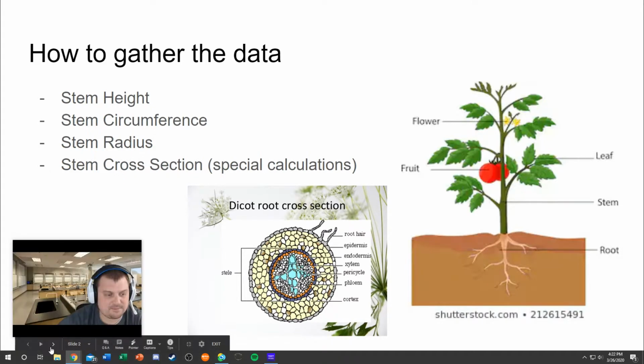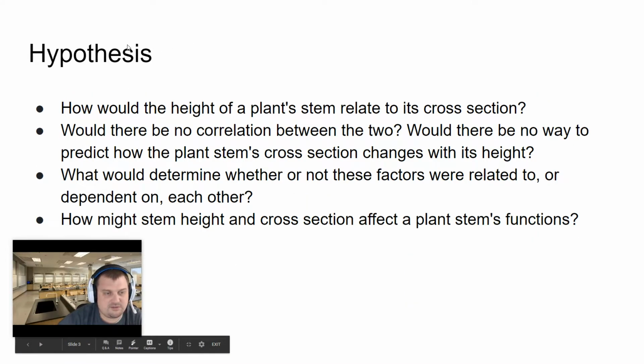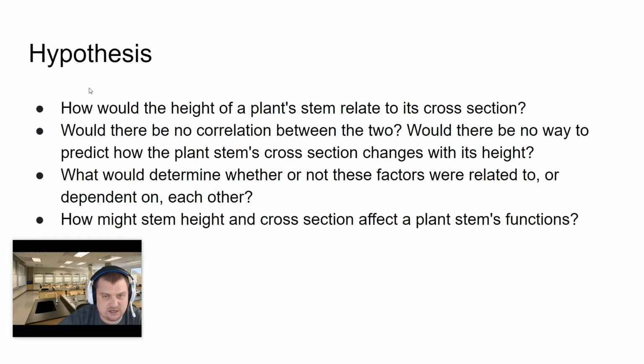So the first thing I want you to do is pause the video and think about these 4 questions and come up with a hypothesis. You don't need to answer these on a piece of paper, but it will help you formulate that hypothesis. How would the height of a plant stem relate to its cross-section?